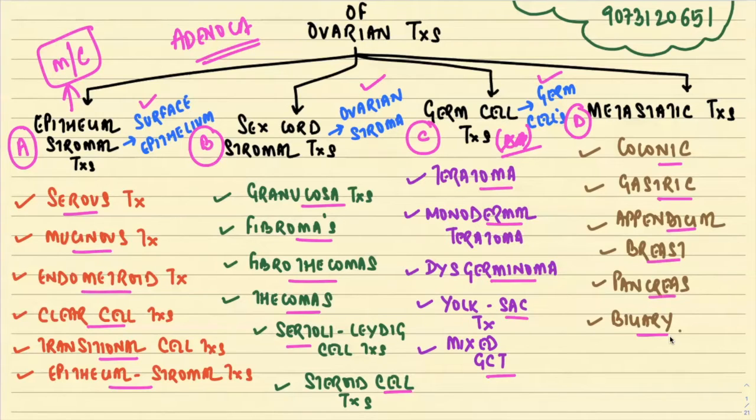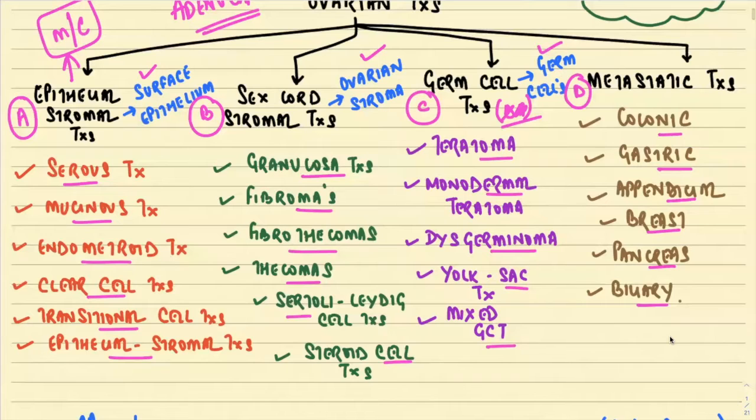One very important thing, a clue to the diagnosis of the metastatic tumor, is that in case of the metastatic tumors of the ovary, more than 50% of the metastatic tumors are bilateral. So this is a very, very important clue to the diagnosis of metastatic tumor of the ovary.